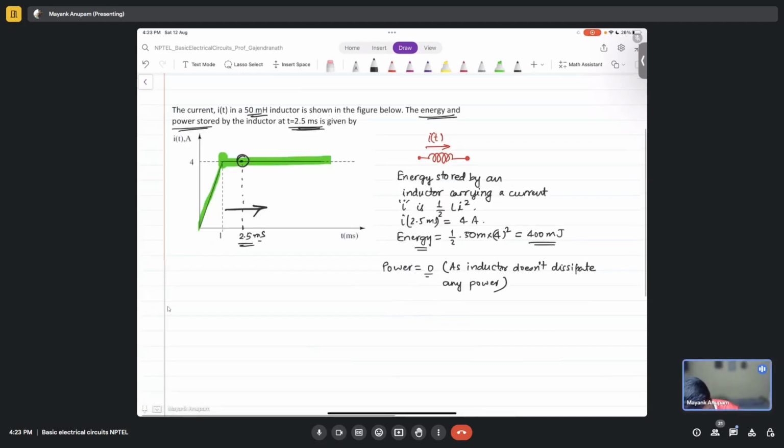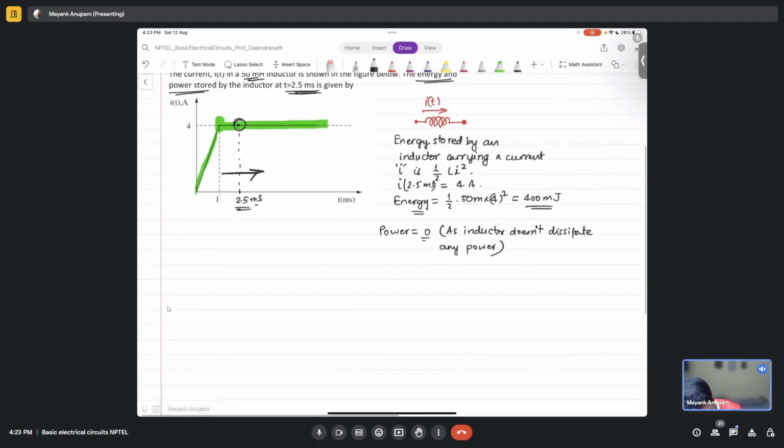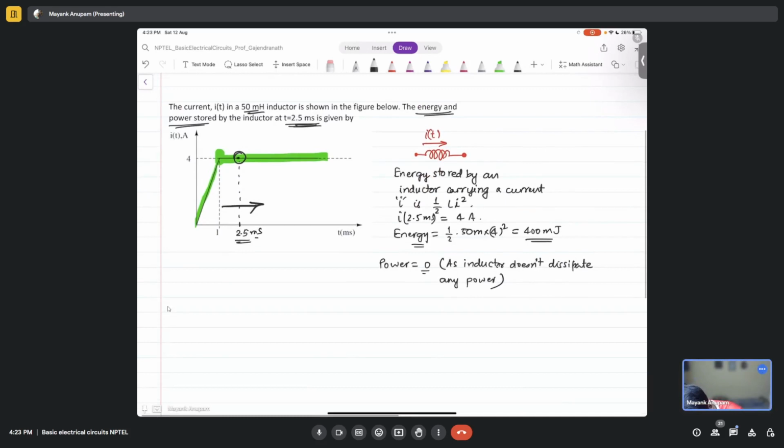So what your colleague is saying is that power is basically V times I. Let's call this V of t. So power is V of t into I of t, correct?